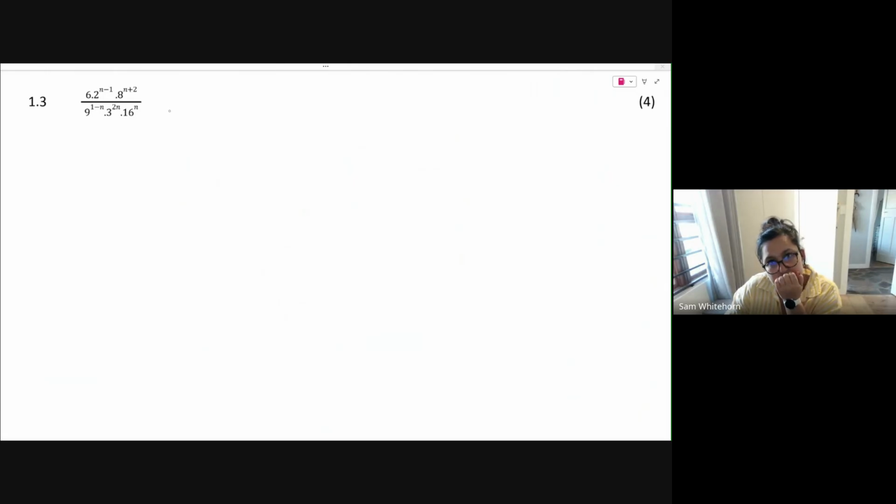Okay, so if we have a look, we have got a base of 6, a base of 2, a base of 8, a base of 9, a base of 3, a base of 16. That is 6 different bases. I do not want to be working with so many different bases because remember, your exponent laws, particularly when you multiply and divide, only work if you have the same bases. And because this is a fraction, obviously I'm dividing. So this is where your prime bases become really, really important.